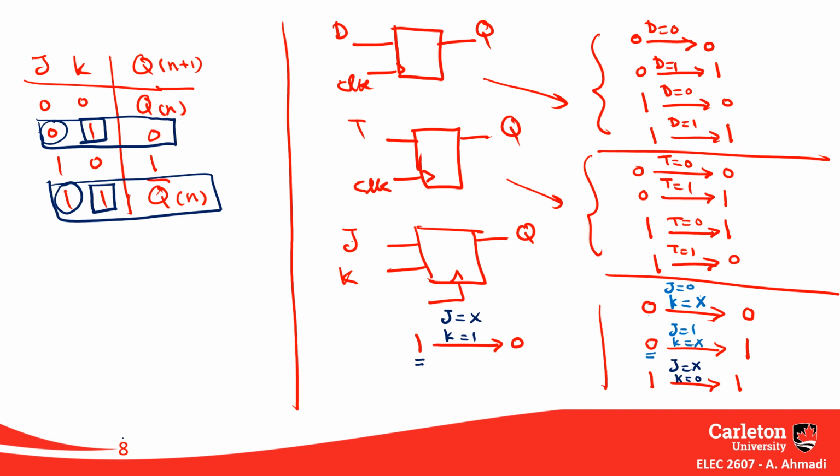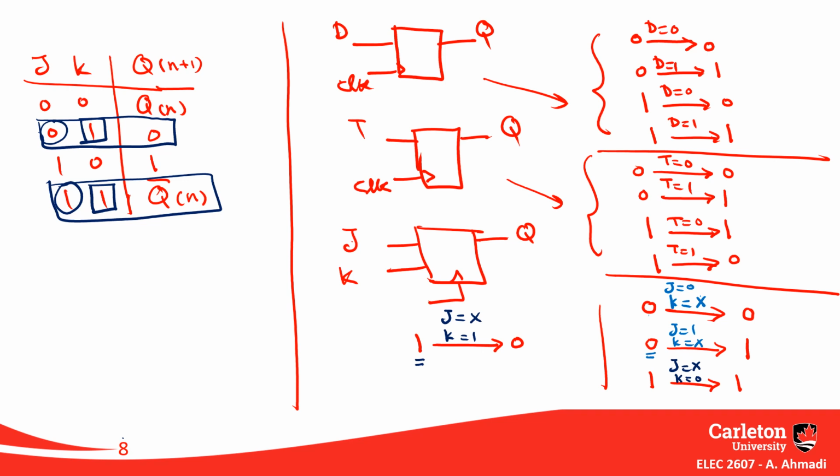If I have a flip-flop, which can be D, T, or JK, and I know the current state, what input I have to apply to the flip-flop to make the output whatever I want.